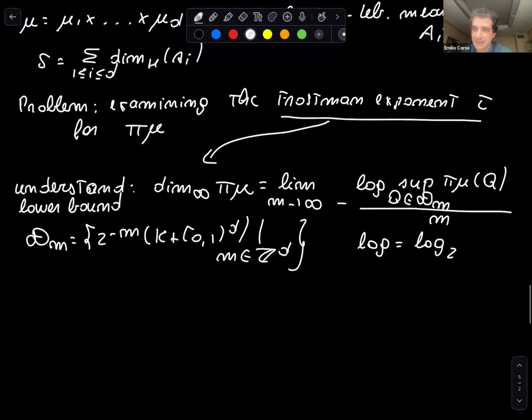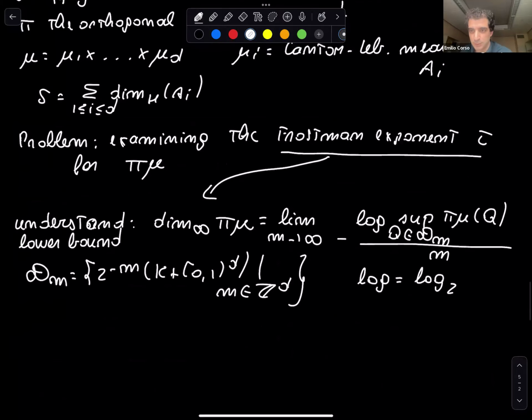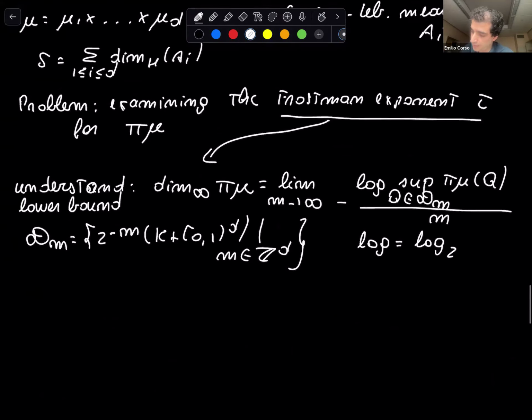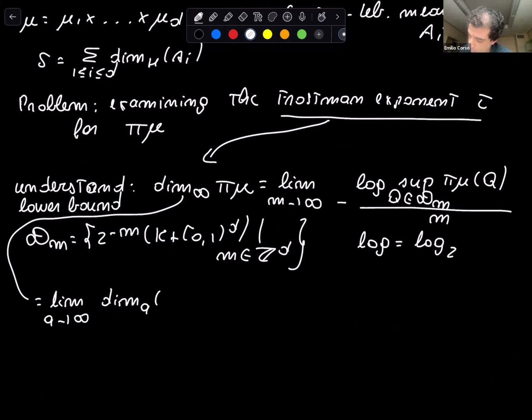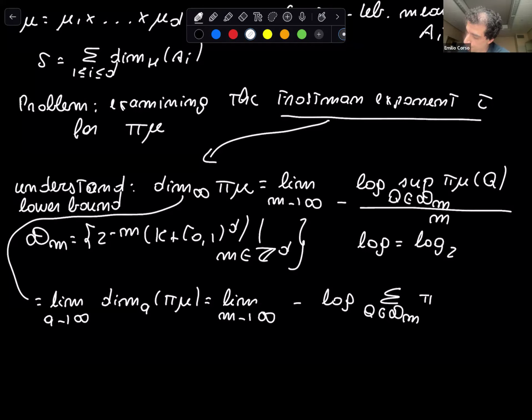Except that we all know in analysis that there is a wider array of tools for estimating L^q dimensions for finite exponent q compared to the L infinity dimension. So we actually use the fact that this is the limit as q tends to infinity of the corresponding L^q version, known as the L^q dimension of π μ, which is the limit, when you now take L^q moments, of minus log of the sum of π μ(Q) to the power q.